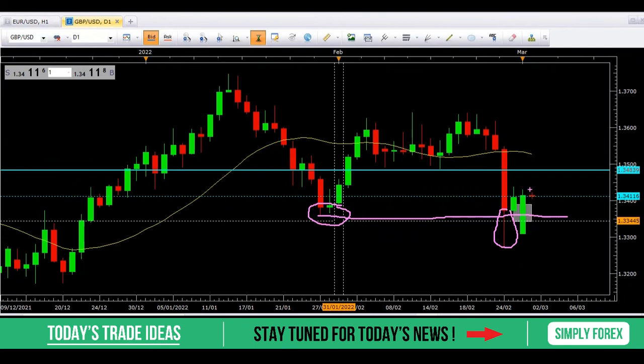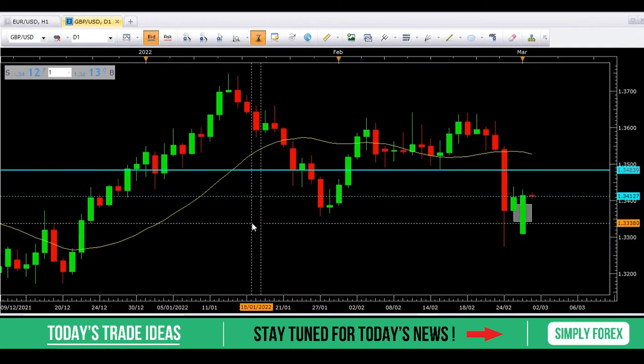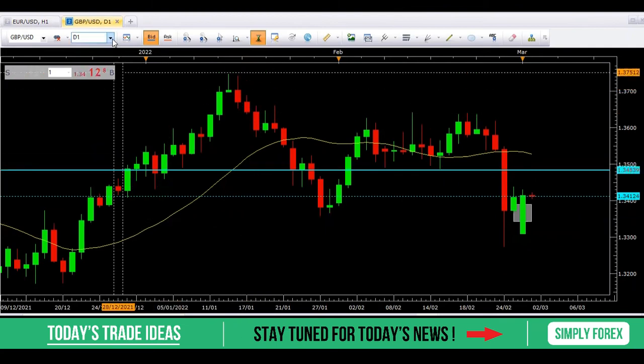And then yesterday we had a bullish candle form. So what I'm looking to do is just take price back up to our blue line here, this last low. We're looking to long this market as well. Obviously, the euro US dollar and the pound US dollar are heavily correlated, so just trade the one that gives you the best setup.